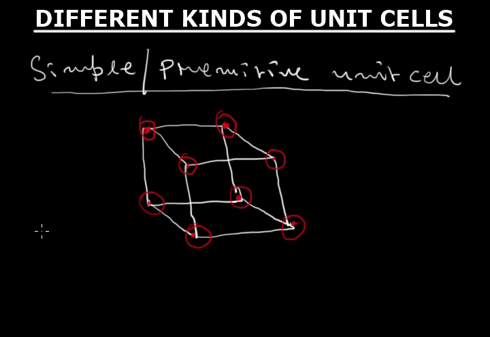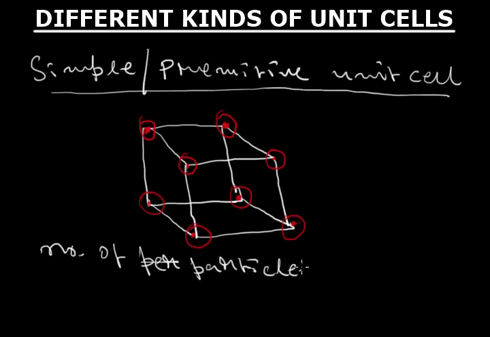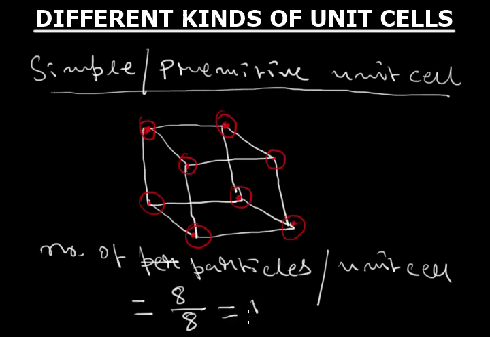Now, what is the number of constituent particles per unit cell? Number of particles per unit cell is equal to 8 divided by 8 equal to 1.